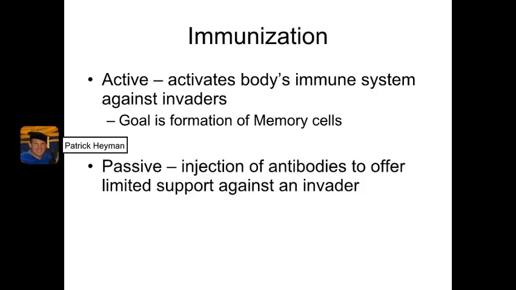And the last thing is an example of a passive immunization, and that would be antivenin. So if you are bitten by a rattlesnake, eventually your body will produce antibodies against the venom of the rattlesnake. But you might not have that much time, and it's an extremely painful process to go through.